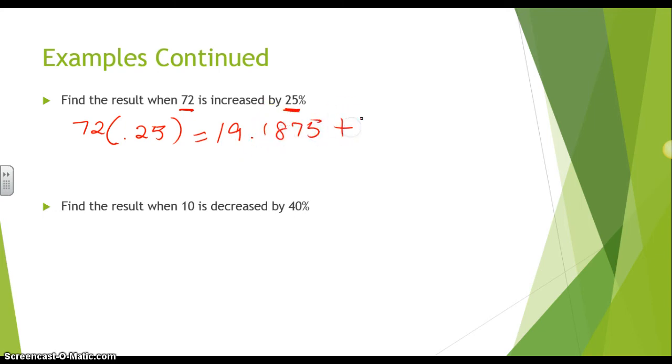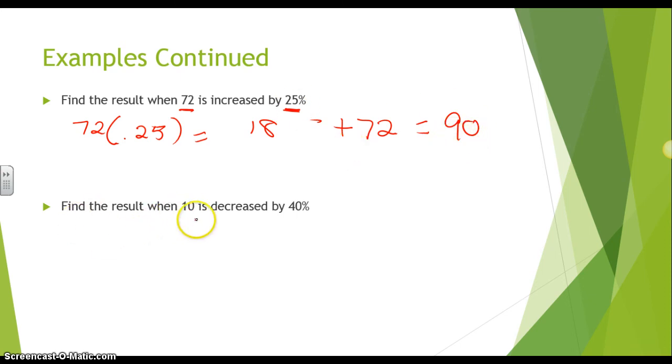Actually, I'm sorry, let me double check here. 72 times 0.25 gives me 18, not 19, so this is going to be 18 here. So 18 plus 72 equals 90. So when 72 is increased by 25%, it's now going to be 90.